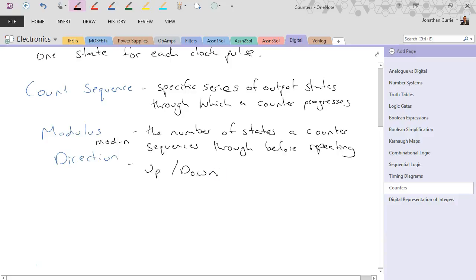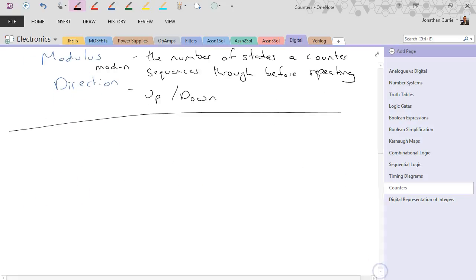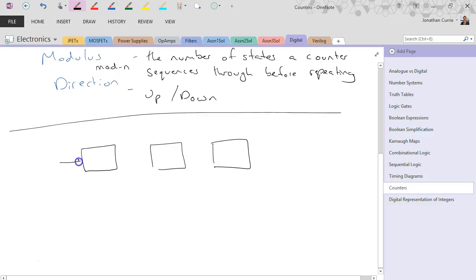So let's have a look at a quick example. If I was to concatenate 3 D flip-flops together in this fashion, and then pull off lines in between, we would end up with a counter like this.